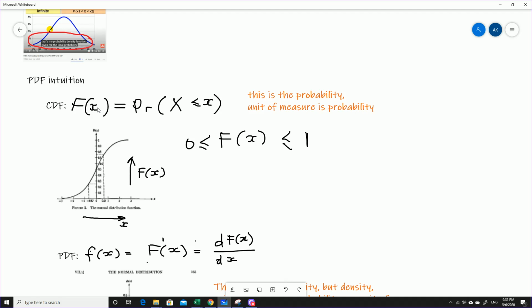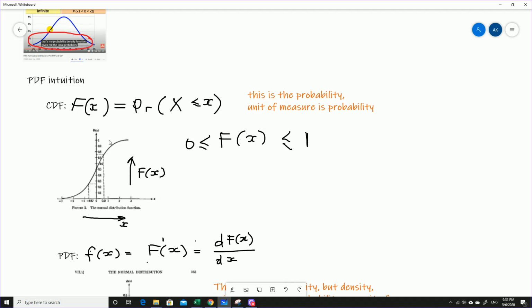CDF means that it's the probability that your random variable is less than or equal to that given value of x, any given value of x. So in case of a normal distribution, think about this. It's a symmetric distribution around 0. So what is the CDF, the big F of 0? Of course, it's half. It should be 50%. It's symmetric around 0, so there's 50% probability that it'll be less than 0 and 50% that it will be greater.